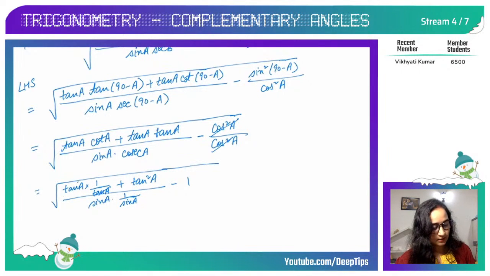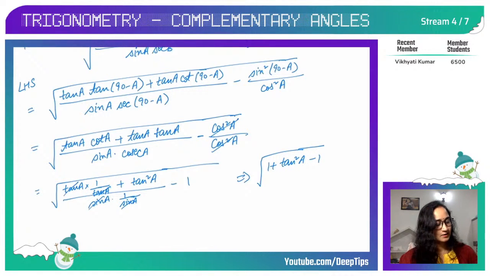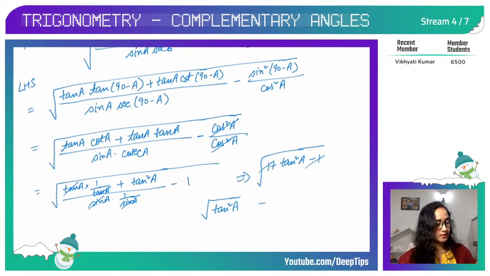So these tan a get cancelled, this sine a also gets cancelled. So what do I have here? I have 1 plus tan square a minus 1. So this 1 and 1 get cancelled, and in the bracket I have only tan square a. If I take it out of the root, I get tan a, which is my right hand side. So I can write LHS equals RHS.